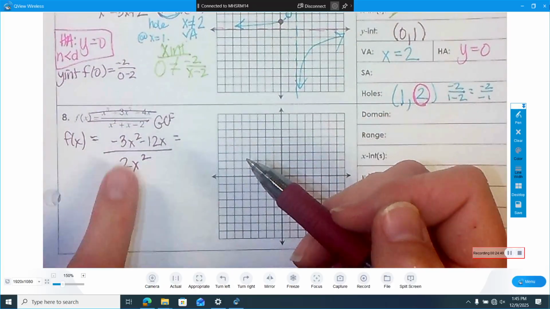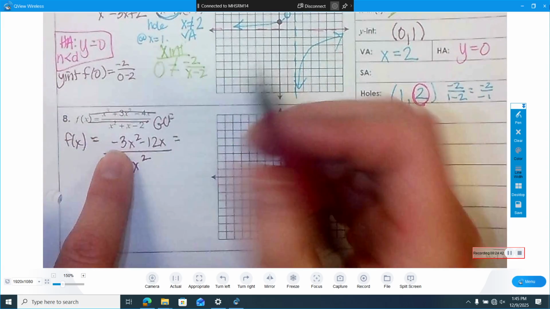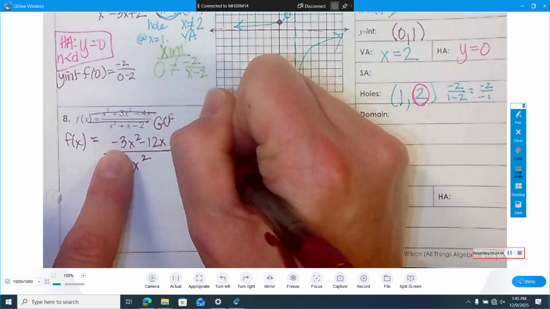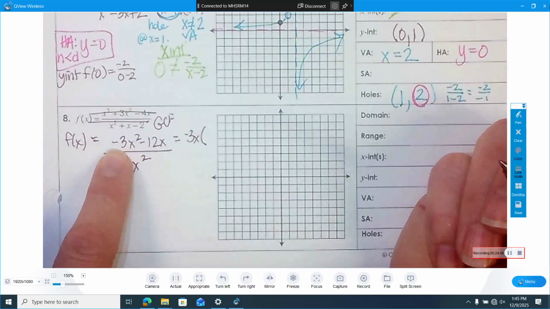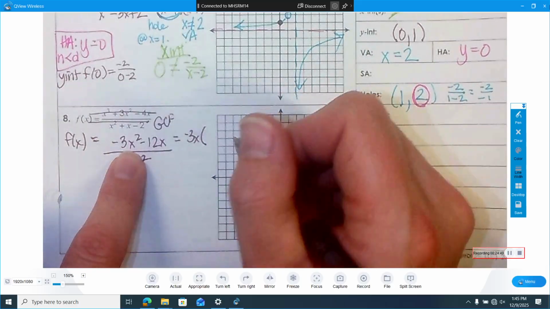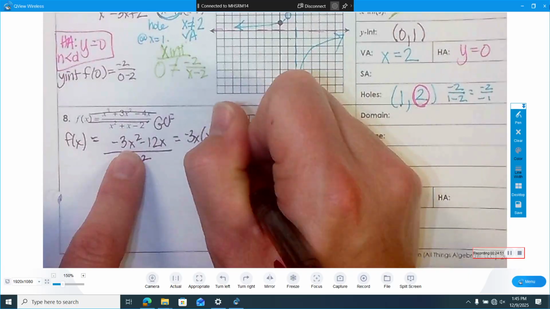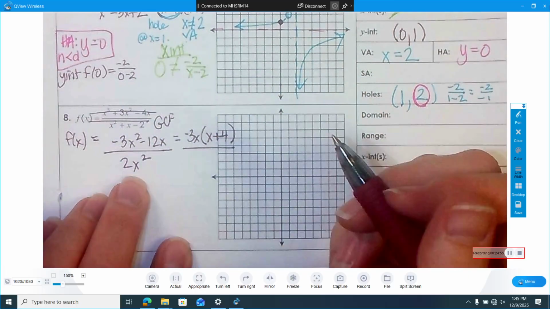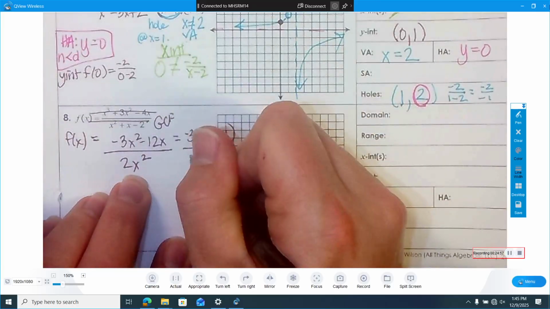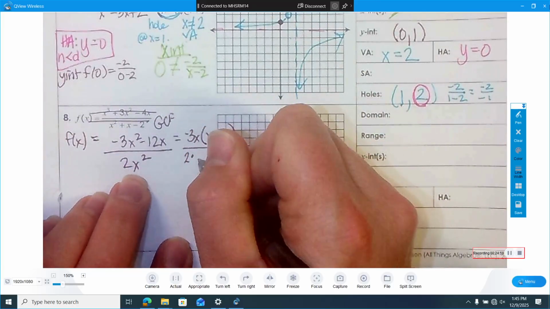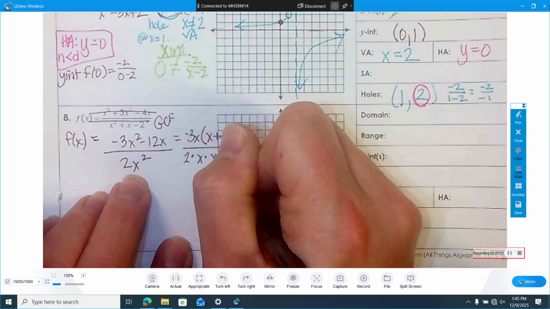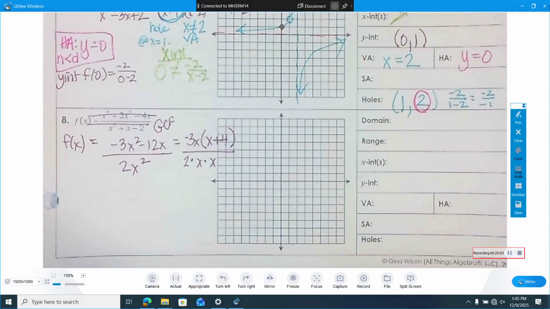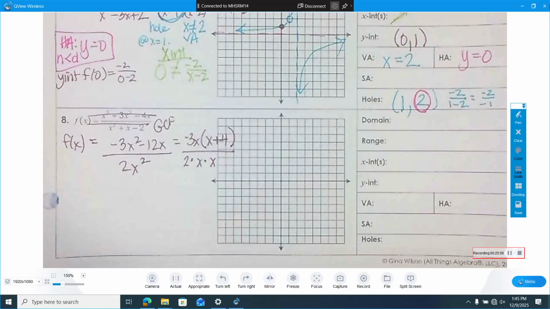So what can I take out of there? Yeah, negative 3x. And then if I take out a negative 3x, I am left with x plus 4, right? And then in the denominator, I'm going to write this out a little differently. I'm going to write it as 2 times x times x. All right. That's the same thing, right?